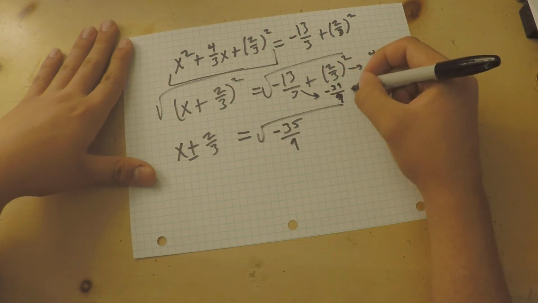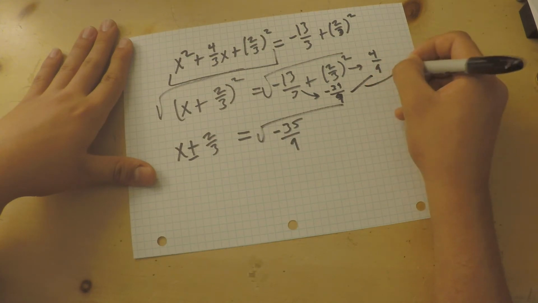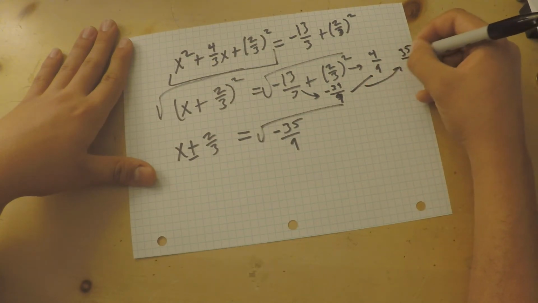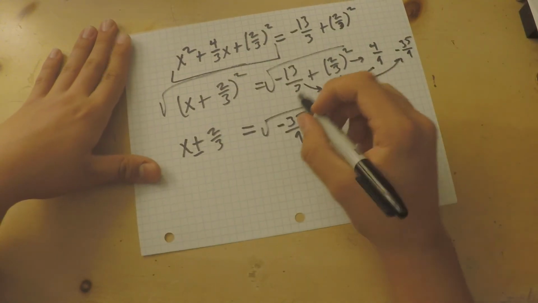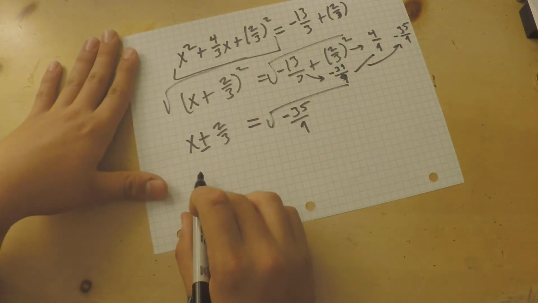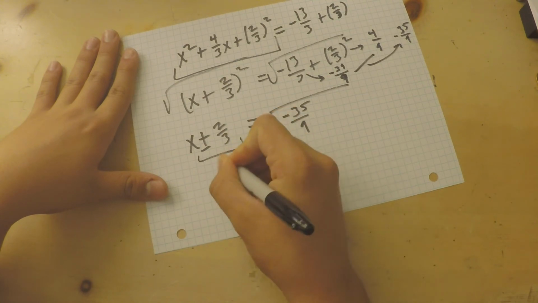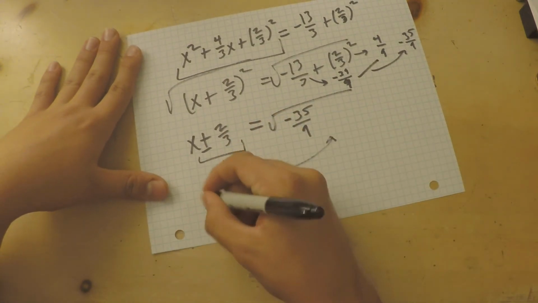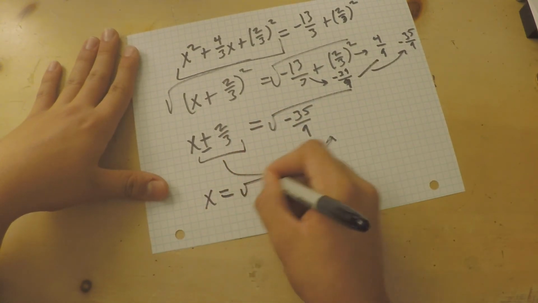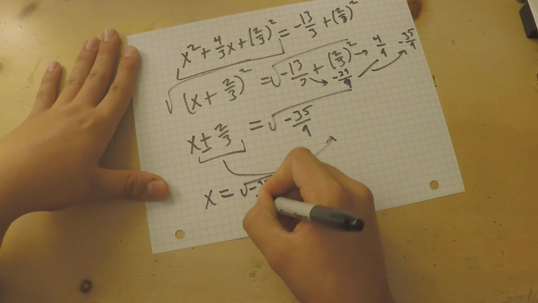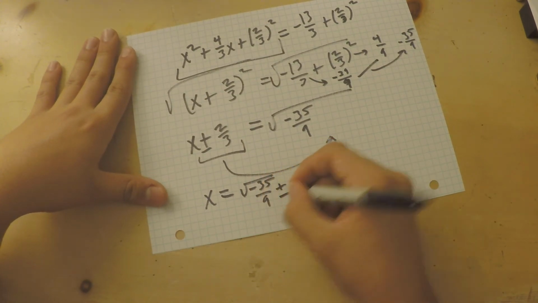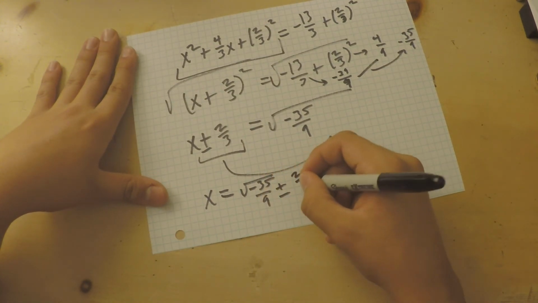Then we must add those sums together, which gives us negative 35 over 9. Right. So after that, we then move this to the other side. X equals negative 35 over 9 plus or minus 2 over 3.